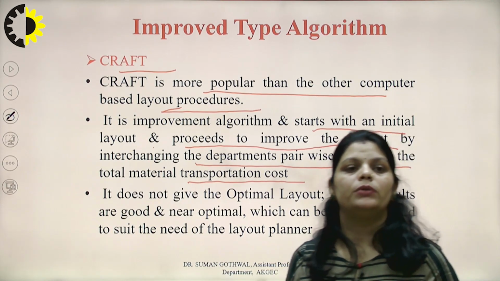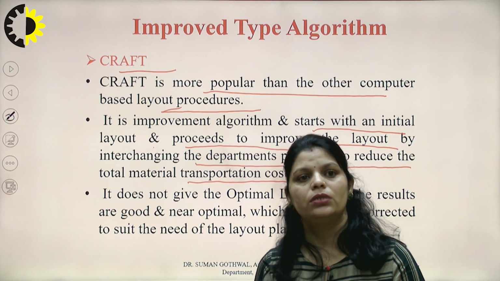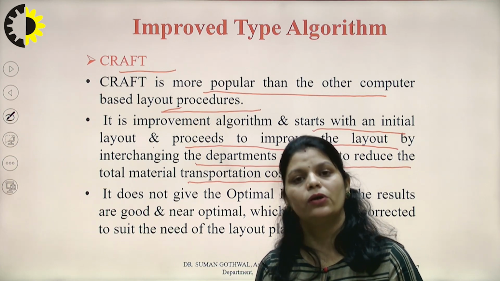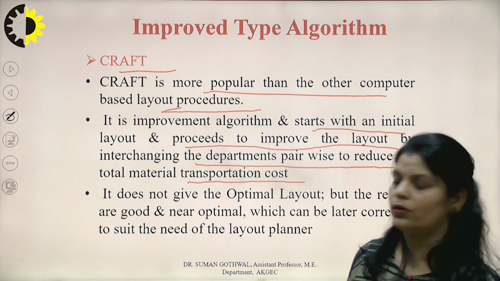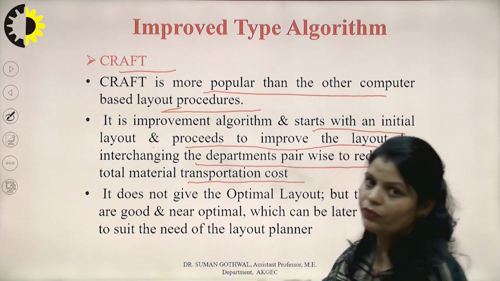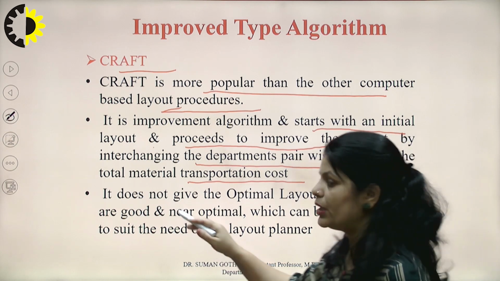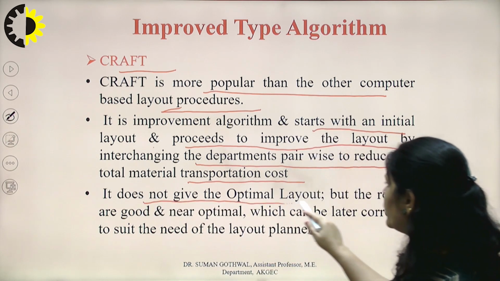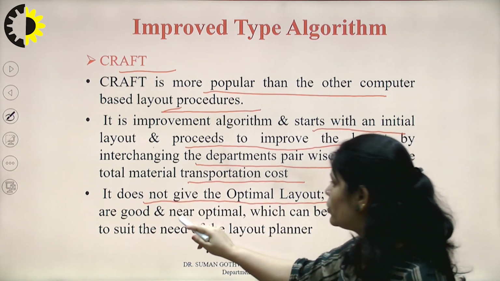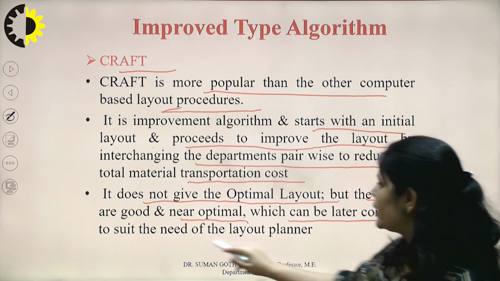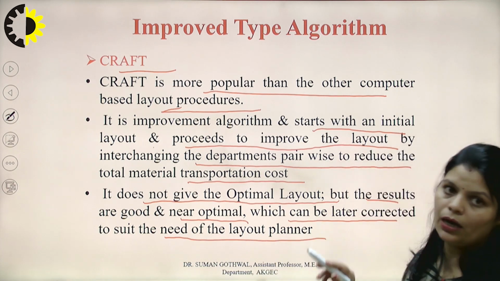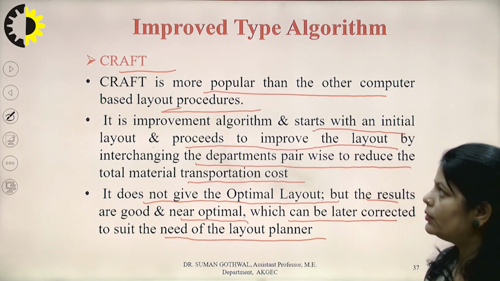So here the objective is to reduce the material transportation cost, okay, or material handling cost. Clear? So here we will interchange the departments pairwise. It does not give the optimal layout, but the results are good and near the optimal, which can be later corrected to suit the need of the layout planner. Clear?